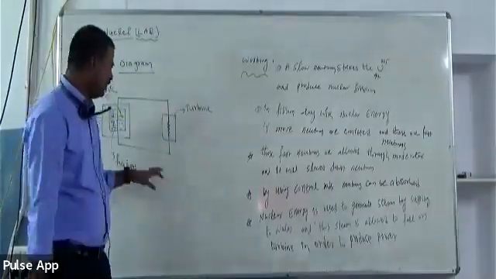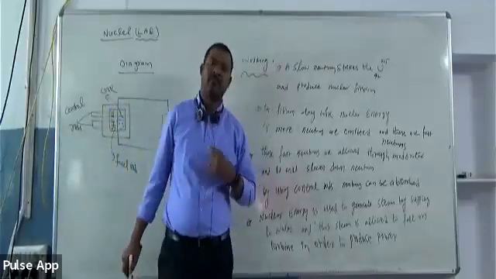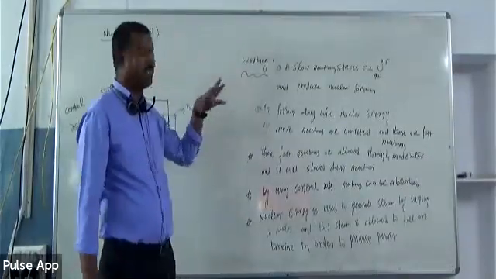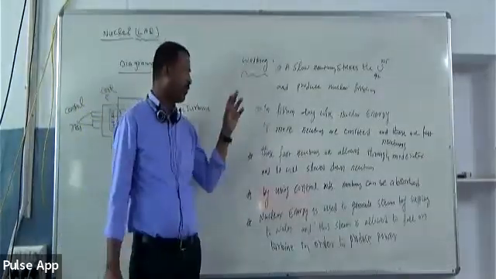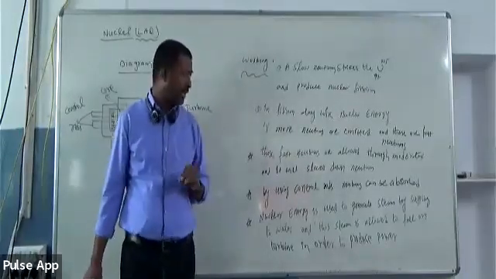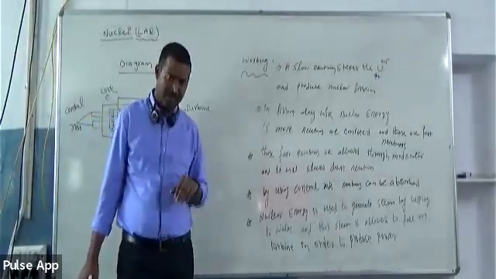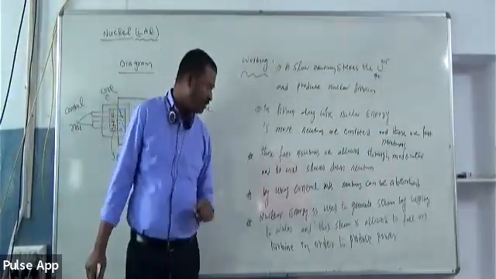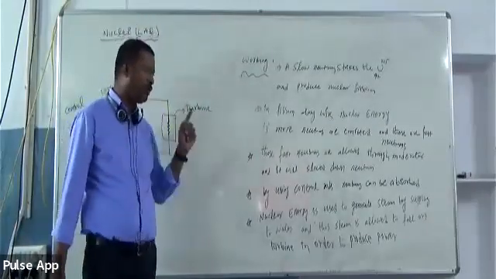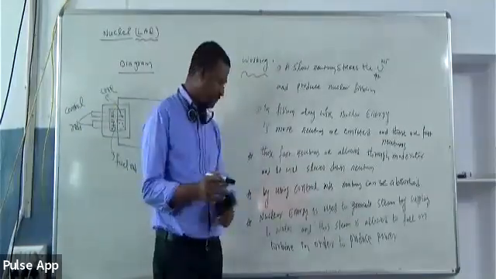Clear? So this is it, within 3 or 4 lines you can write the brief working. Simple. A slow neutron strikes the enriched uranium and produces nuclear fission. In fission, along with the nuclear energy, 3 more neutrons are emitted, and these are fast neutrons. These fast neutrons are allowed through the moderator, and it will slow down the neutrons.